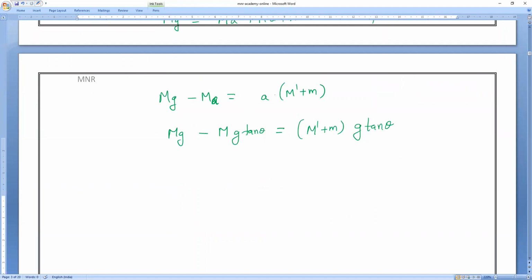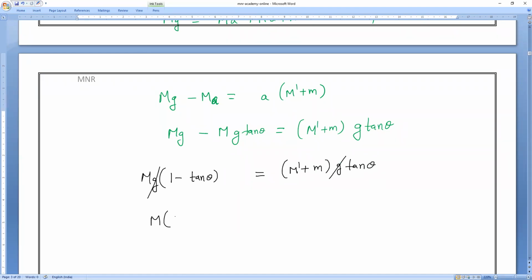Now if you notice, something you can take common. Look at the board and tell me. Mg common, so 1 minus tan theta is equal to capital M plus small m into g tan theta. Both sides have g common, so g gets cancelled.